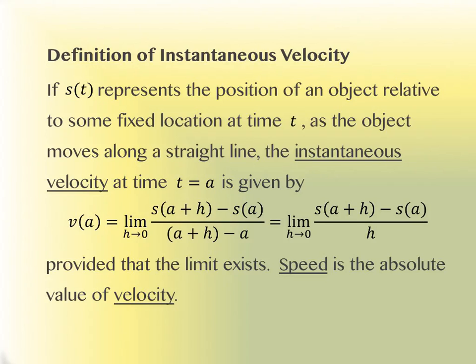And so take a look at this. We've got this limit as h approaches 0 of s of a plus h minus s of a over h. That should look vastly familiar, right? That's the exact same thing we just did. It just has a different application.